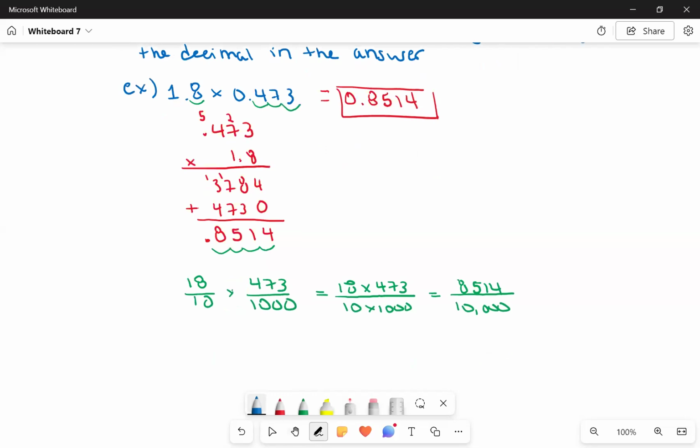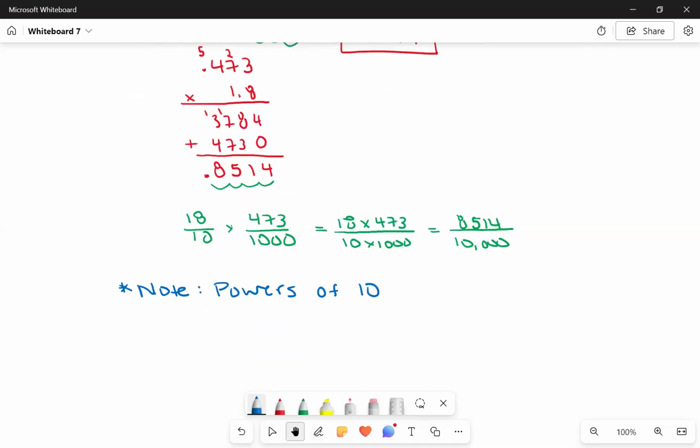So special note, powers of 10, they're special. When I multiply a number, a decimal in particular, by some multiple of 10, like 100 or 1,000, the multiplication is actually super easy.